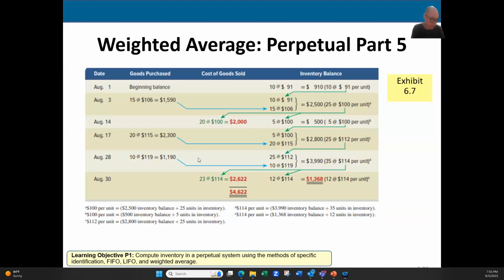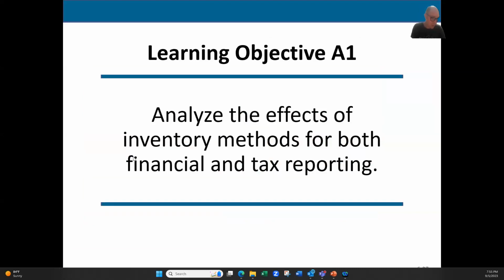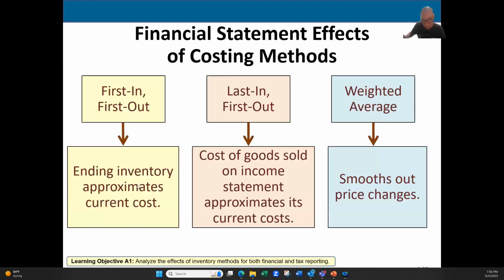Great. Awesome. We're doing good. So again, looking at the three options. I mean, there's four. There's the specific identification. But looking at three, what's the effect on the financial statements? You might be wondering.